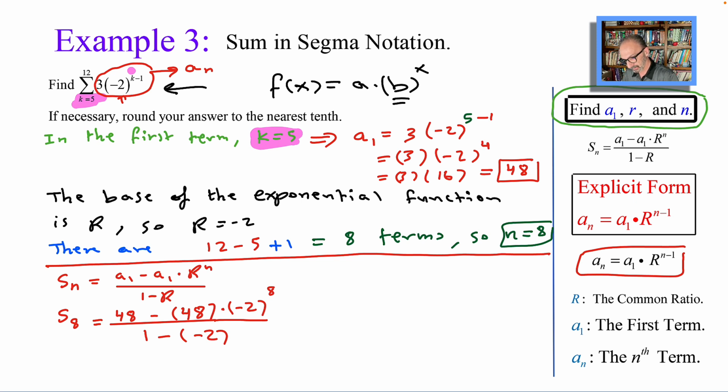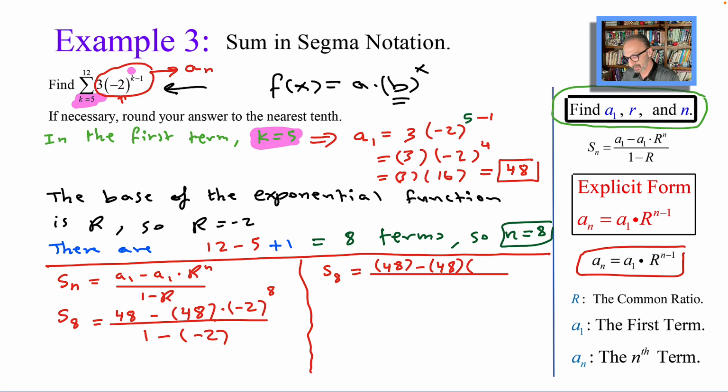One more step right here. Let's go to the right side. I don't think it's going to fit at the bottom nicely. So the left side is S sub 8, and the right side is the following. Equals 48 minus 48 multiplied by -2 to the power 8.